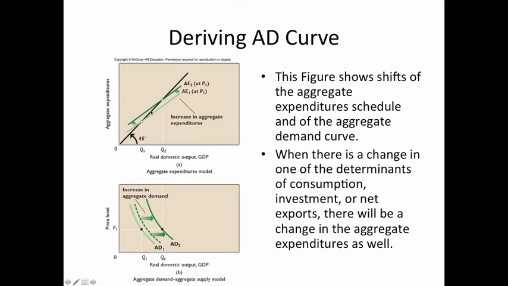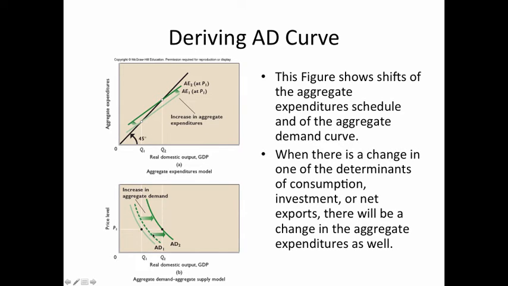We know in terms of the aggregate expenditures model that shifts up the AE line, and we get a new equilibrium level of GDP, and that increases real GDP. This effect is the change in spending times the multiplier, right? So here's the change in spending, the shift in the AE line, multiplied by whatever the multiplier is, shifting real GDP over by the full effect.